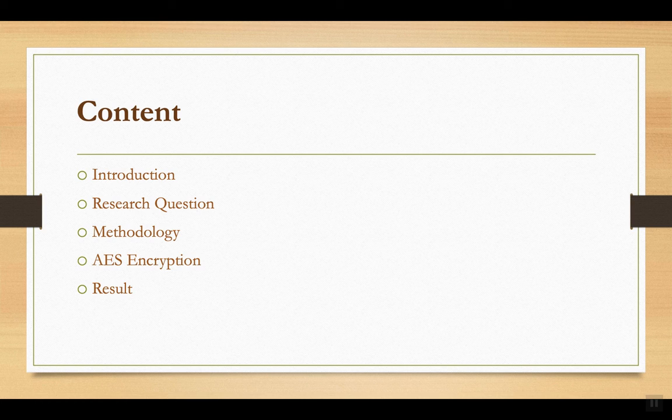Next, methodology. In this part, I will explain the flow of developed program. AES encryption. In this part, some basic questions related to AES encryption will be answered. And the last, end result. The result or the output of the program will be discussed.